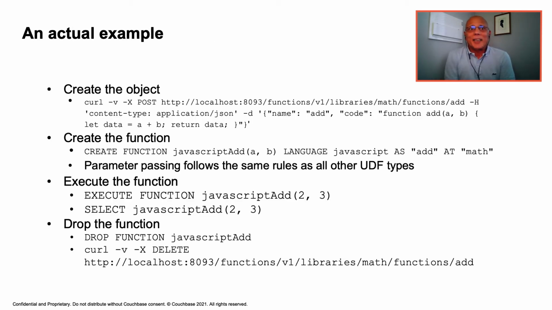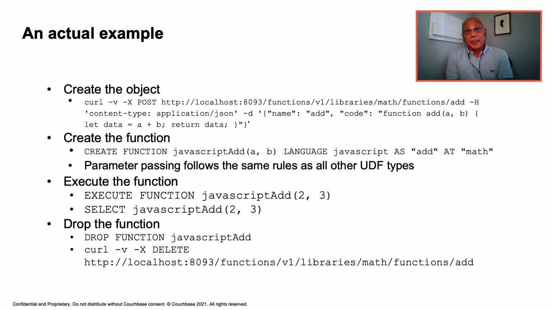So again, a bit of boring code, all the steps to create and execute a JavaScript function. First things first, there's that big curl REST API call to that functions libraries endpoint. And what that does is it creates a library called mat.